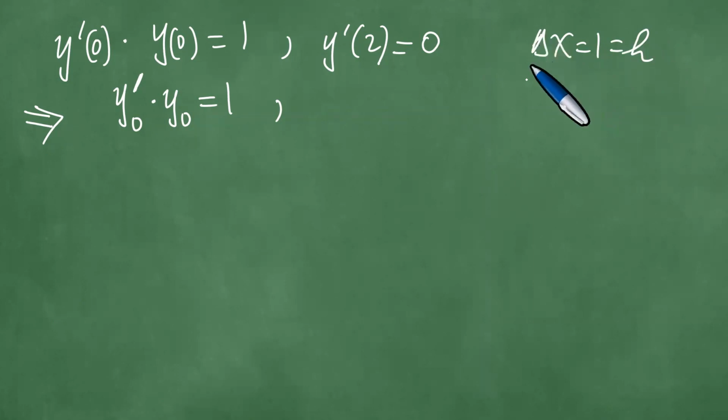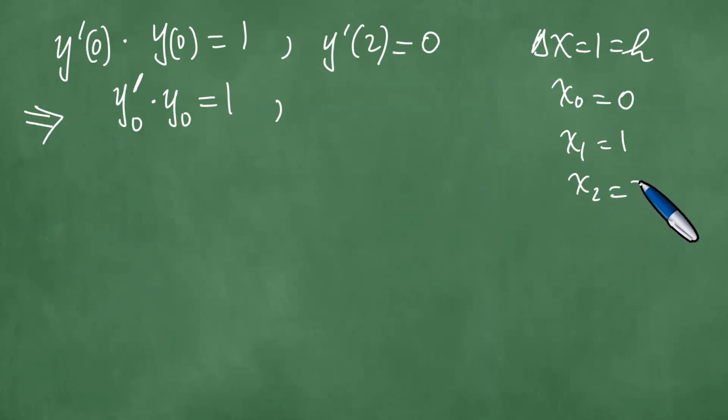So if we start with x0 here, which is 0, x1 when you add h, and then x2 is just going to be 2, because we're adding the h, 1 plus 1 is 2. And this would mean, therefore, here, y2 primed is 0. Like so.